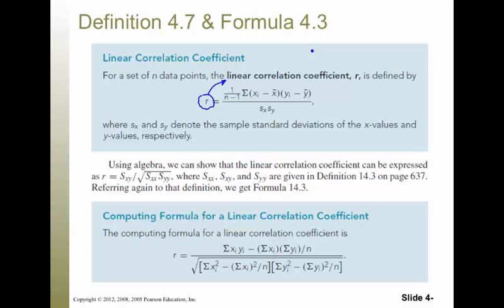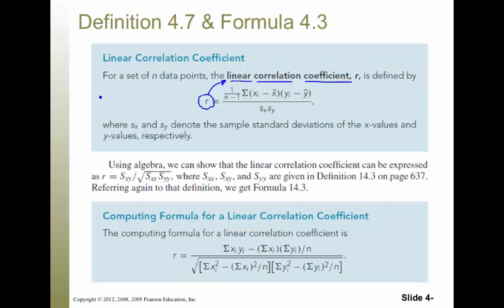And like before, we're going to use StatCrunch to find this number for us, so we're not concerned with all these scary symbols. But anyway, R is called the linear correlation coefficient.